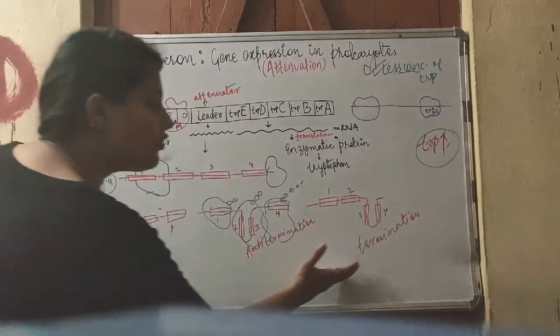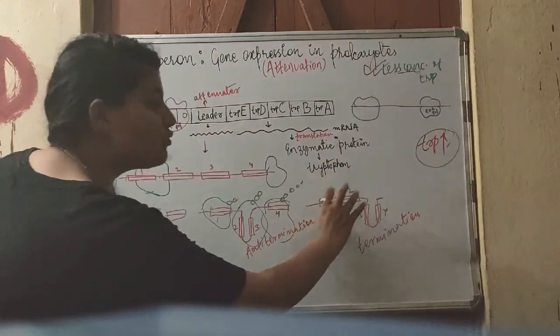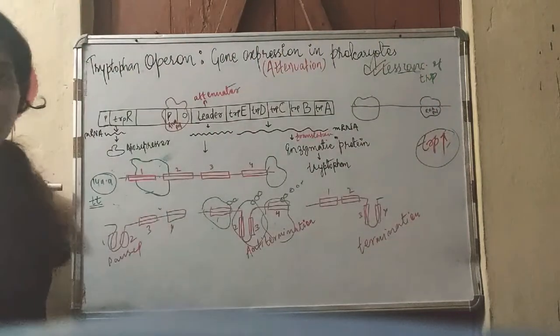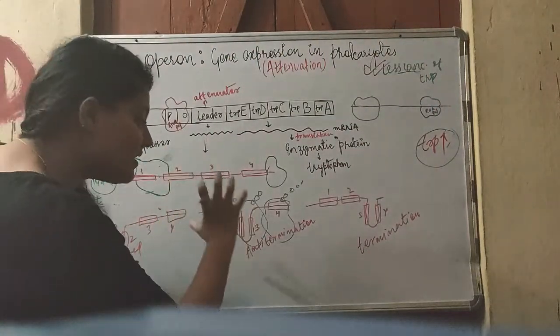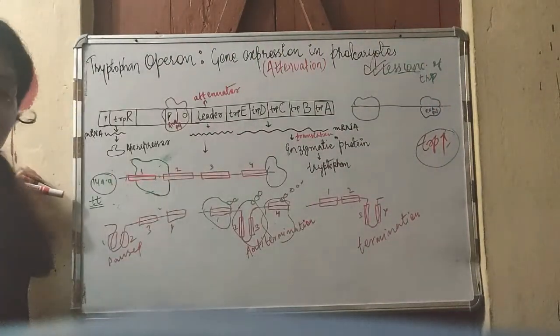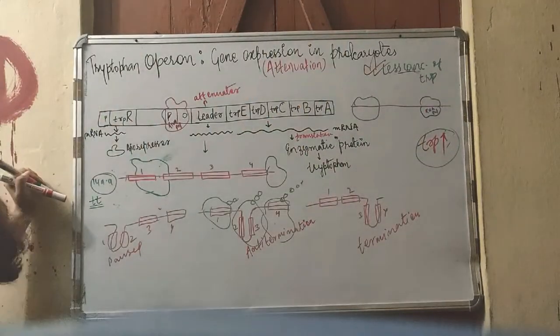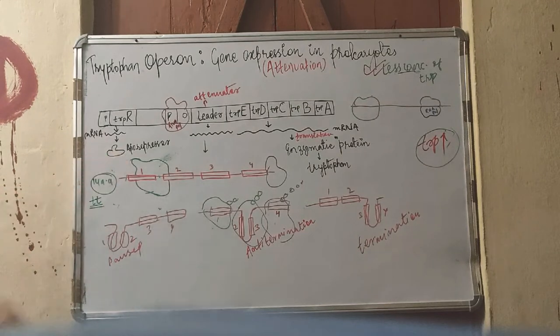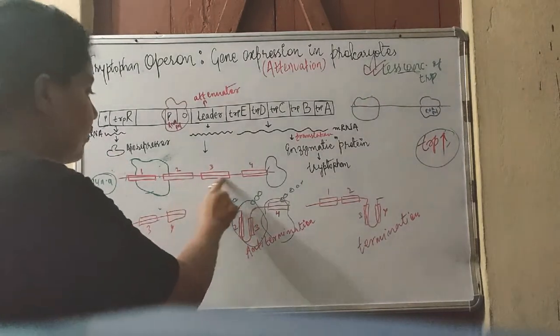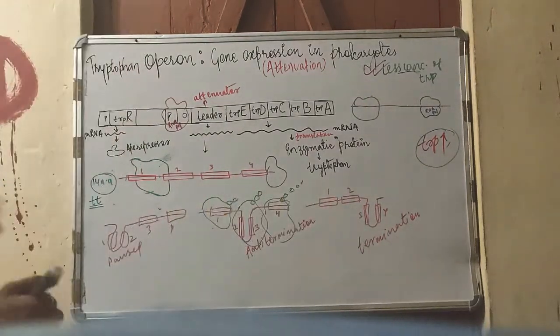If the termination hairpin loop is formed, the ribosome will not be able to pass this hairpin loop. The ribosome will easily pass the anti-termination hairpin loop, but it will not be able to pass the termination hairpin loop. So now what happens? These 3 and 4 will pair. This is the scenario.